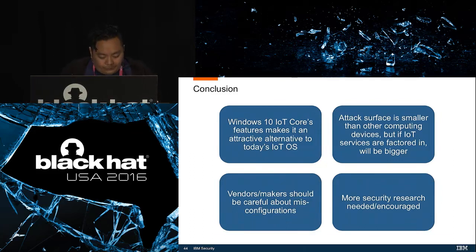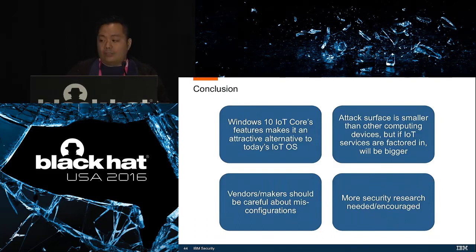So this would also mean that this OS will be a more attractive target for attackers, although the attack surface that we discussed today is smaller than that of other computing devices. If you factor in IoT services, platforms, and interconnectivity with other devices, that attack surface will definitely be bigger.